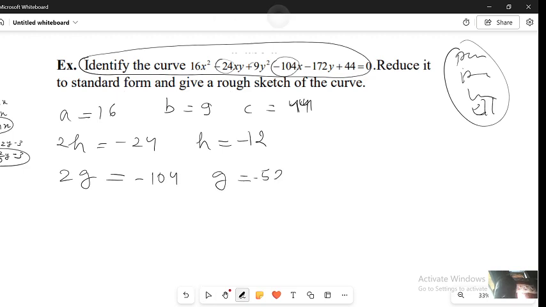We have to put this minus. Now 2F is going to be minus 172, which means F is minus 172 divided by 2, minus 86. Don't forget the minus.